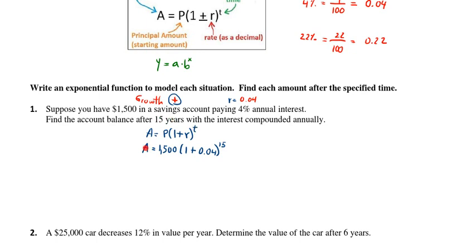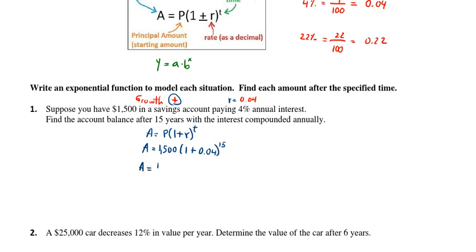How much money will I have after 15 years if the interest is compounded annually at a rate of 4%? So in this case, we will follow the order of operations to simplify this. That's the only thing that we need to do. So inside the parentheses, we add these two, 1 plus 0.04.